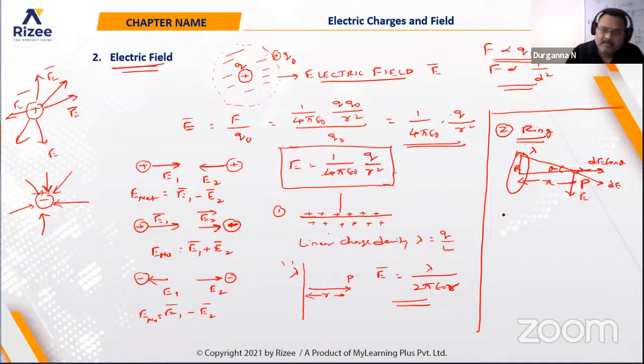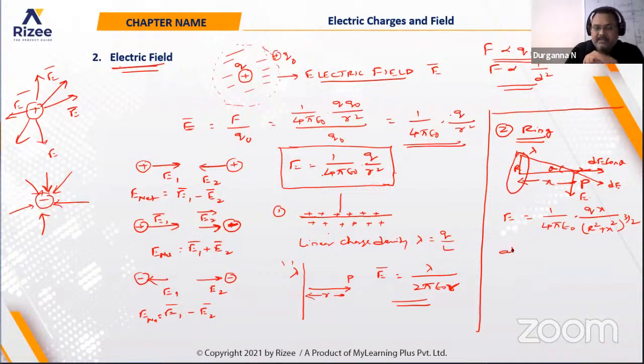When you solve, you get the electric field E is equal to 1 by 4 pi epsilon naught into q into x by (r square plus x square) whole to the power of 3 by 2. So this is the electric field on the axis of a ring.